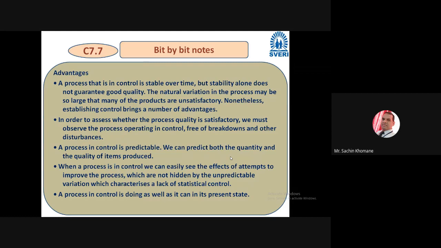The next advantage: a process in control is predictable, right? Then we can predict both the quantity and the quality of the items produced. The next advantage is that when a process is in control, we can easily see the effects of attempts to improve the process, which are not hidden by the unpredictable variation that characterizes a lack of statistical control.